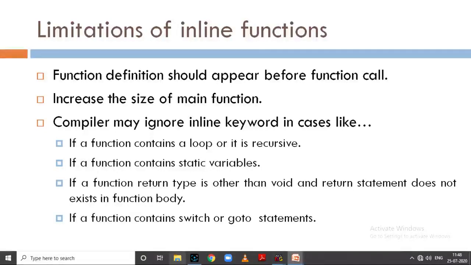That means the programmer may forget to return something from the function, and the return type is other than void, then also it can be ignored. And the last case is if a function contains switch or goto statements. Yes friends, if the function definition contains switch or goto statements, then also the inline keyword will not take effect while compiling the program. So this is all about inline functions.